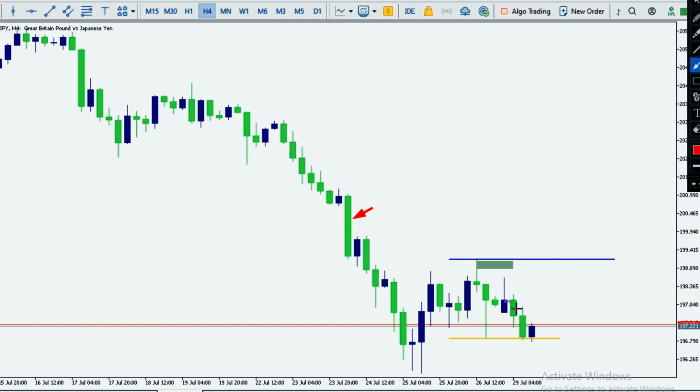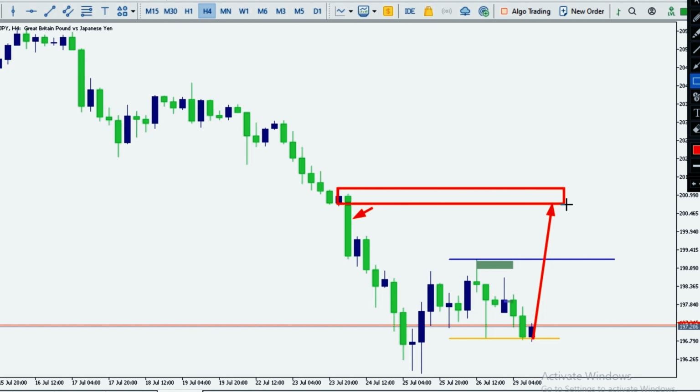So this is why I don't want to enter for a sell. This is the very reason I don't want to enter for a sell. Because the market can either go up. When you check at this candle, you can see a very nice order block.